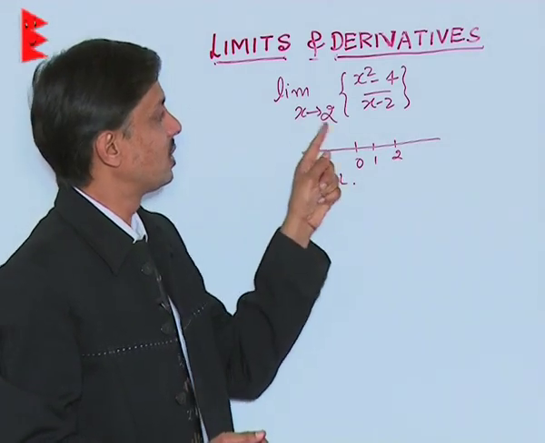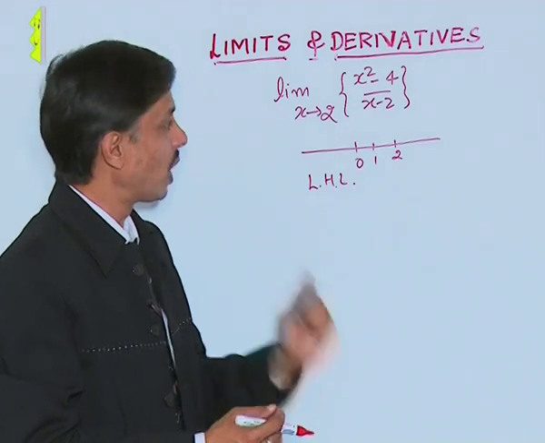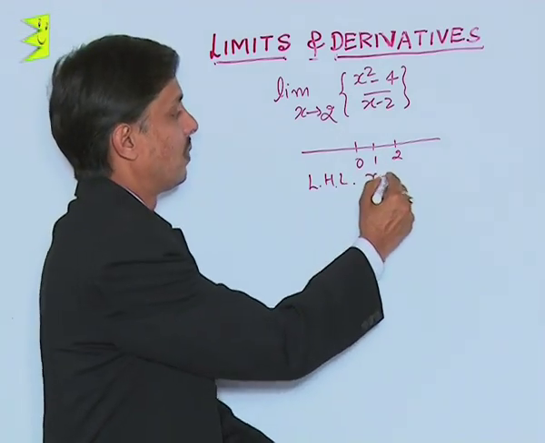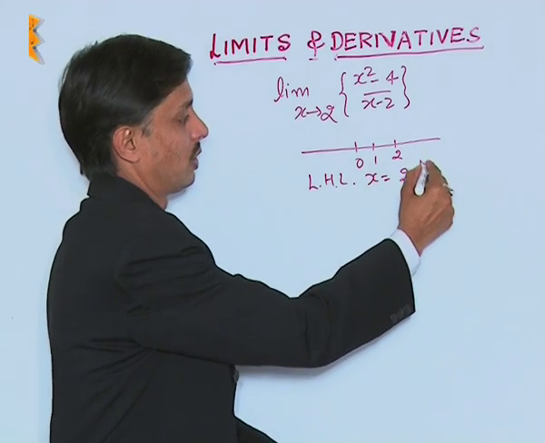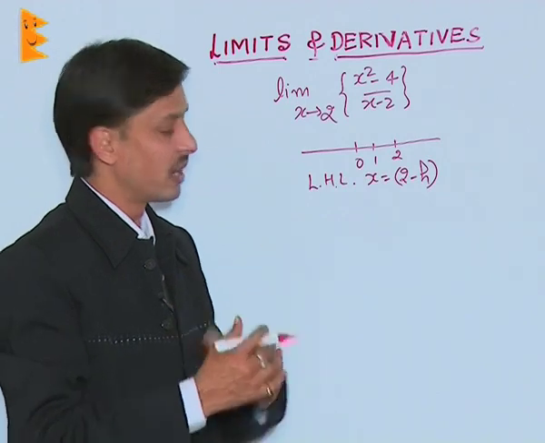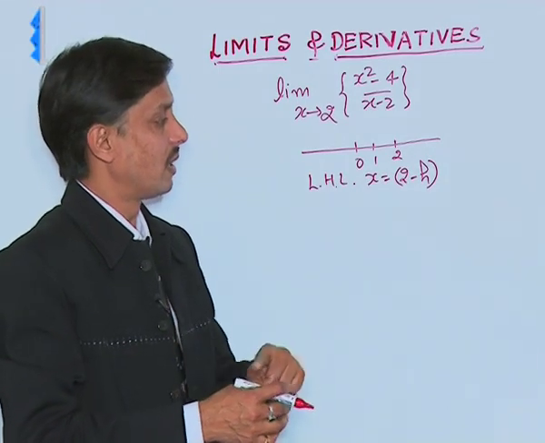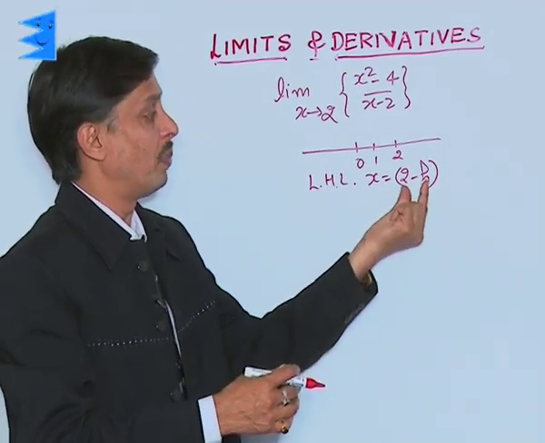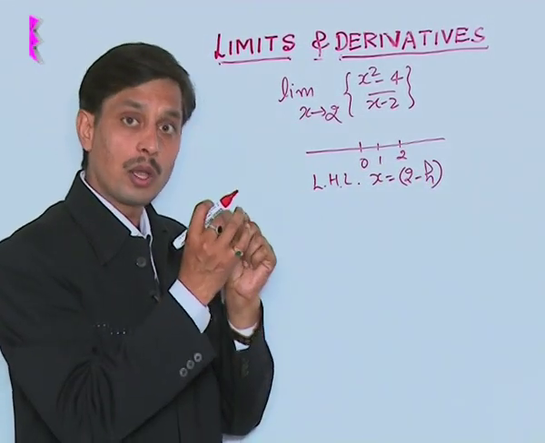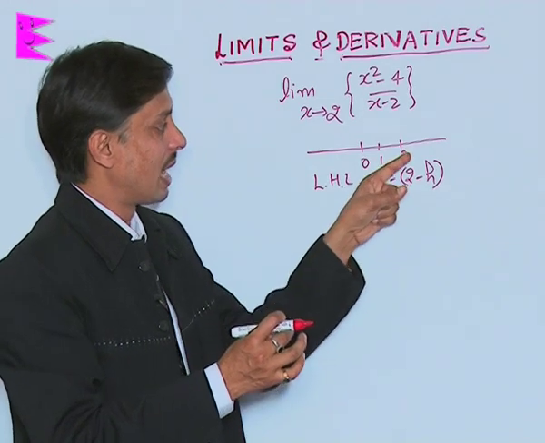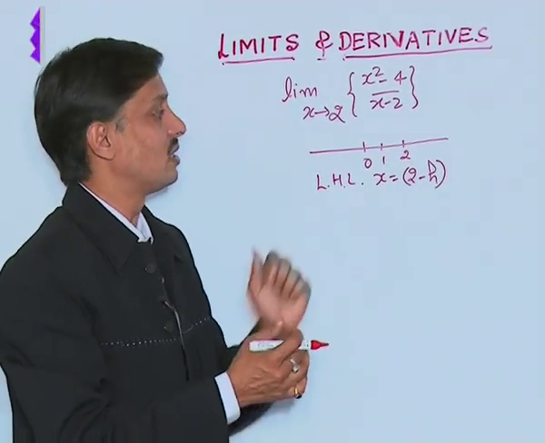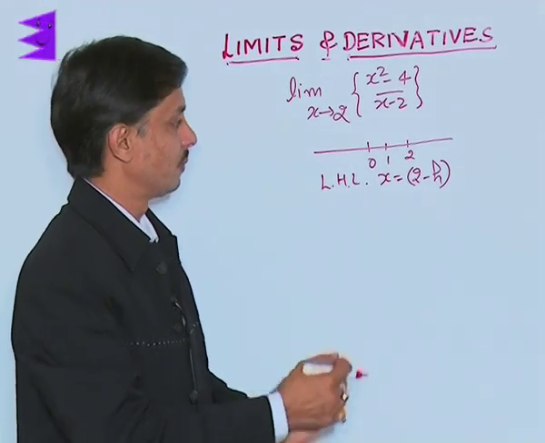Here limit x is tending to 2, so what will we put? We will put the value of x as 2 minus h. And it is very important to understand here that there is no gap between 2 minus h and 2. Very close values. As I am taking something less than 2, that's why we say it is the left hand limit.